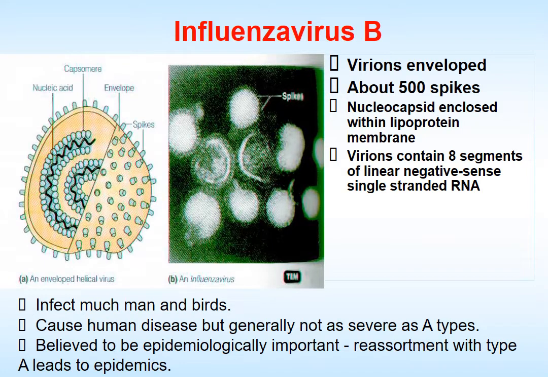It infects humans and birds, but is epidemiologically less important than subtype A, and medically less important because it usually causes a less severe flu than the A subtype.